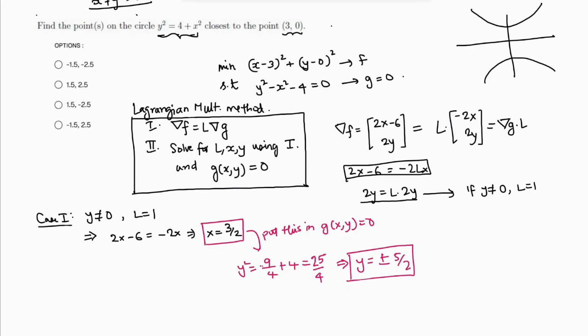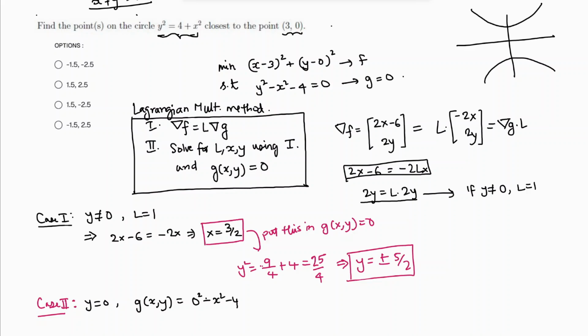But now we have another case to deal with. What if y is equal to 0? That is a case which we did not see. If y is equal to 0, then look at g(x,y). So g(x,y) will be equal to 0 square minus x square minus 4.